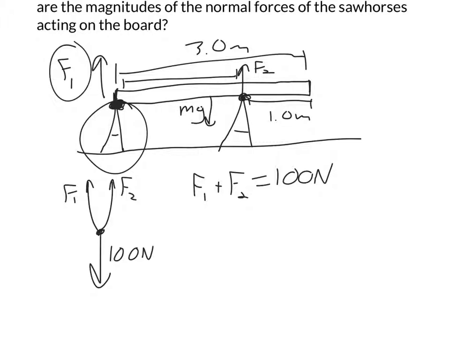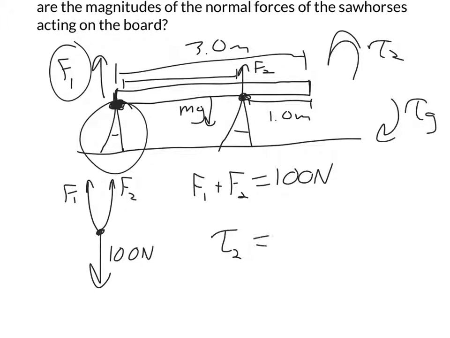So I could say R cross F, or the torque around force 2 is, well, let's just do this. Let's say torque from force 2, which is going this way, and then the torque from gravity goes the other way. So this would be torque 2, and this would be torque of gravity. So torque 2 has to equal the torque of gravity in order for the torque around that pivot to cancel itself out.